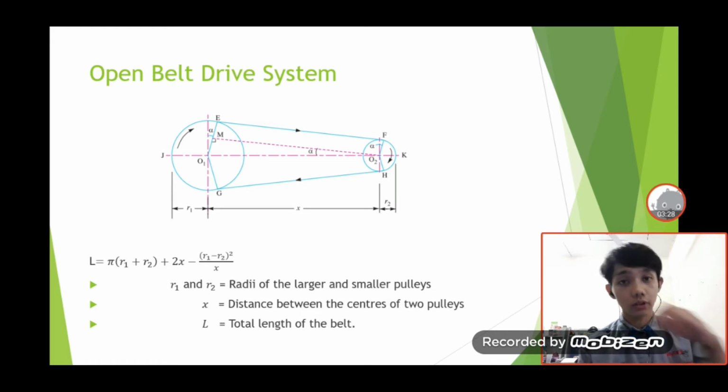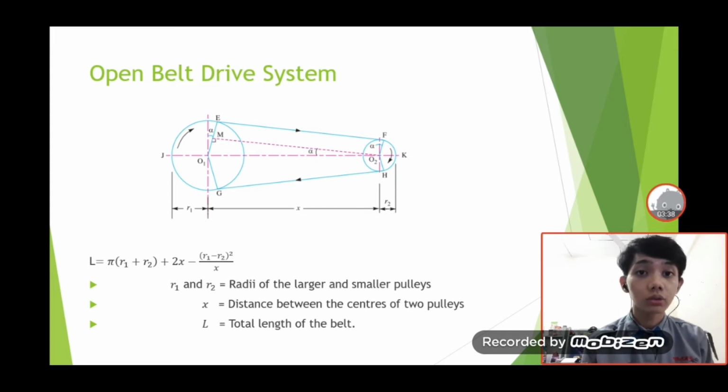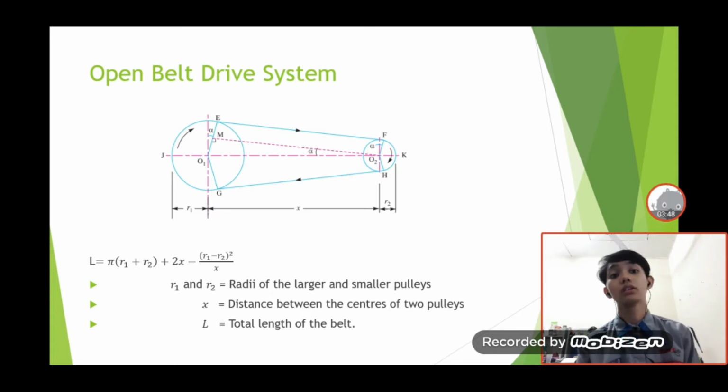The formula for the open belt drive system is length equals pi times radius 1 plus radius 2, plus 2x, where x is the distance between centers, plus radius 1 minus radius 2 squared divided by x, the distance between the center of the pulleys.